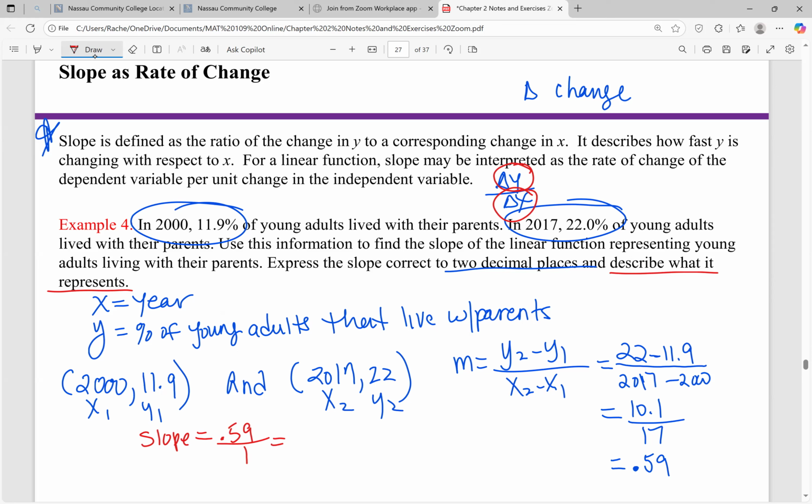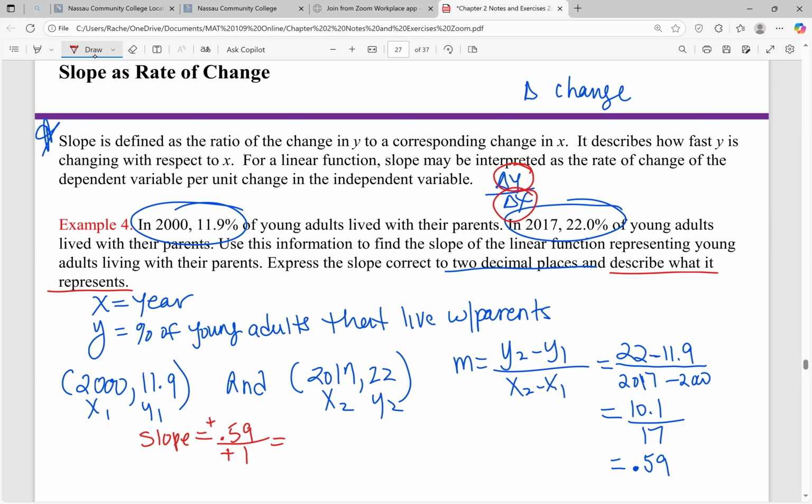Y in this case represents the percent of young adults that live with their parents, and X represents the year. So this denominator of 1, and both are positive, so as one increases, the other one increases. So for every 1 year, or every 1 unit that X increases, the percent of young adults that live with their parents is also going to increase by 0.59%. Because remember, we're measuring Y in percent.